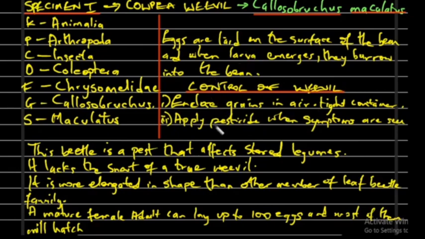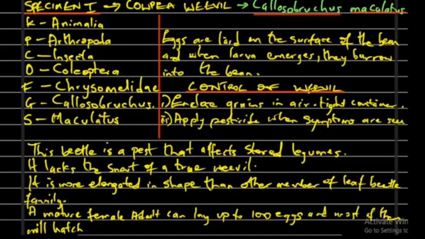To control them, you can make use of systems where you put the grains into enclosed, airtight containers, and you can also apply pesticides when the symptoms are seen to kill off the cowpea weevil that we're talking about.